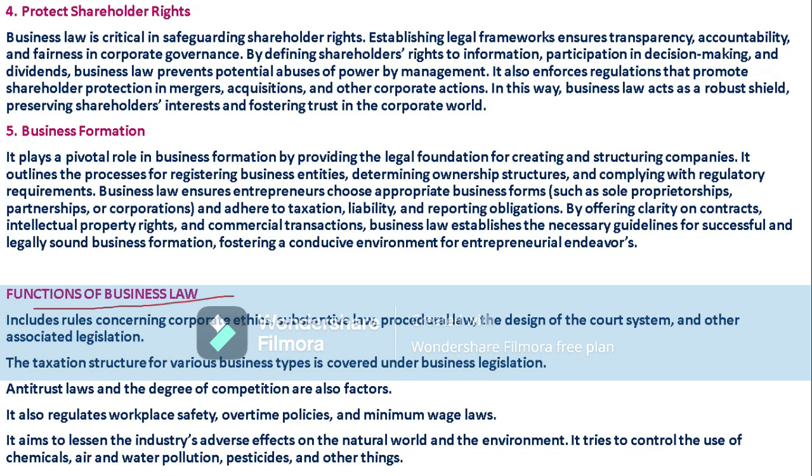It includes all the laws, ethics and morals, which we can say is natural law, known as equity. Corporate ethics, substantive laws and procedural laws can all be seen here.